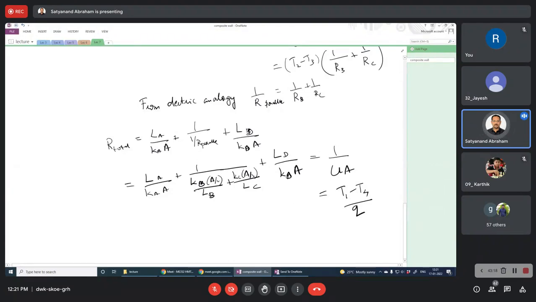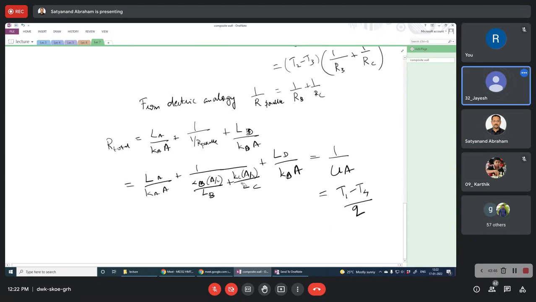That is what I'm saying, sir: 1 by RB plus 1 by RC, but you have written 1 upon RB plus RC. That is a different thing. No, 1 by R parallel. So 1 by R parallel is 1 by RB plus 1 by RC. So 1 divided by 1 by RB plus 1 by RC. So that's what we have written, right?